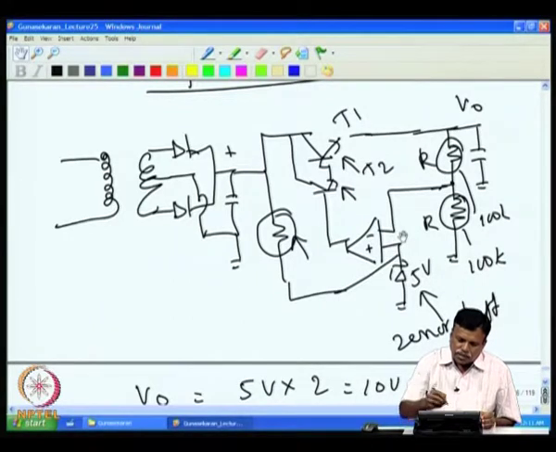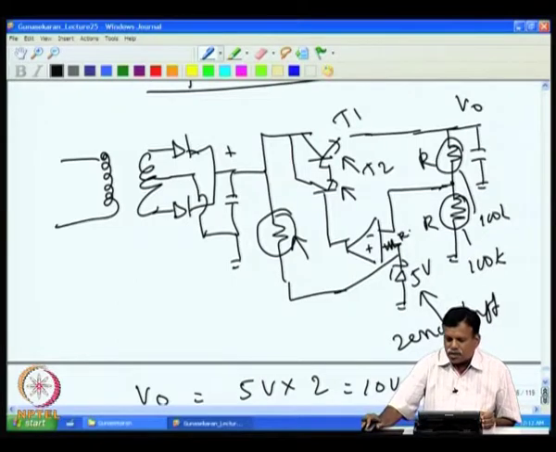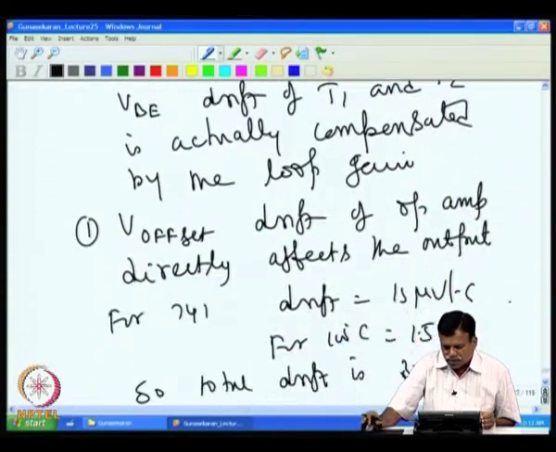If you want to reduce the error, then I add another resistance here, so that both have the same bias current and the same R. That reduces the bias current error.